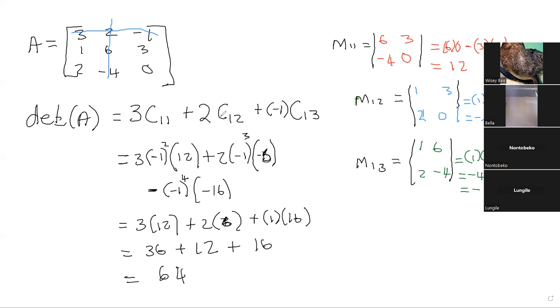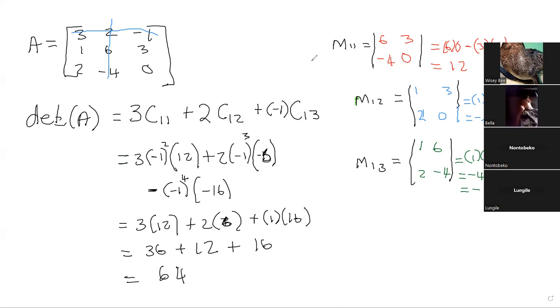This is called cofactor expansion. I'm showing you these because they might give you the cofactors, maybe in a multiple choice. So okay, here's a cofactor here. Find the determinant using these cofactors. You need to know what they're talking about. But if they say find the determinant using cofactors and they don't give you the cofactors, there's quite a similar way of doing this without having to write it out.